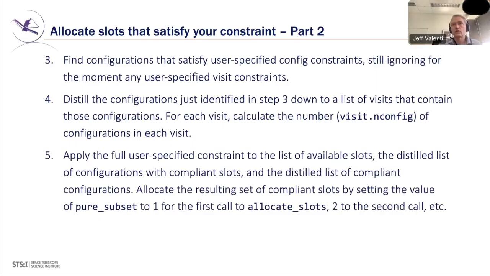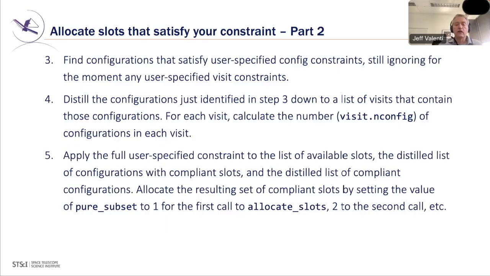How many configs did you want? What was the total duration? Then you distill those configurations down to a list of visits that contain those configurations. And finally, you calculate the visit level constraint, number of configs. I said a moment ago number of configs, but it was really number of dithers.